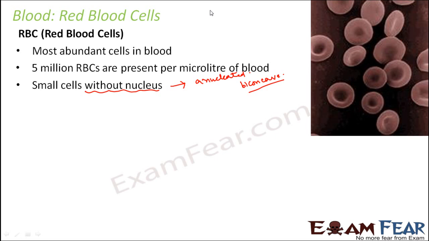We spoke about lens, concave lens, convex lens. There we have spoken about a biconcave lens, and this is how a biconcave lens looked like, right? Both the surfaces were concave in nature. So these cells also have a shape somewhat like this. If you look at them sideways, you will see that here there is a small hump, again here there is a small hump, and that means they give a biconcave shape.